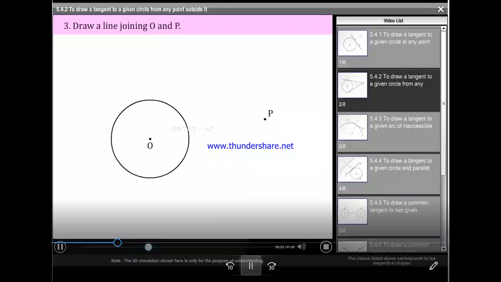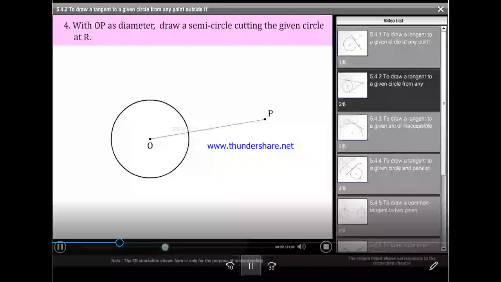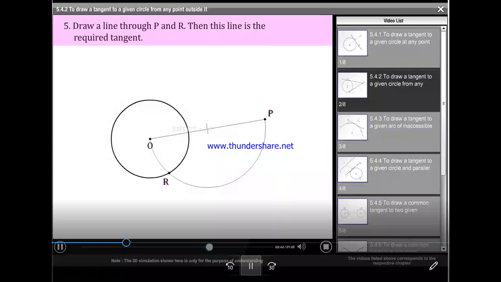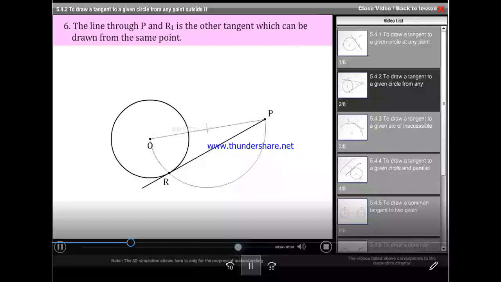Draw a line joining O and P. With OP as diameter, draw a semicircle cutting the given circle at R. Draw a line through P and R. Then this line is the required tangent. The line through P and R1 is the other tangent which can be drawn from the same point.